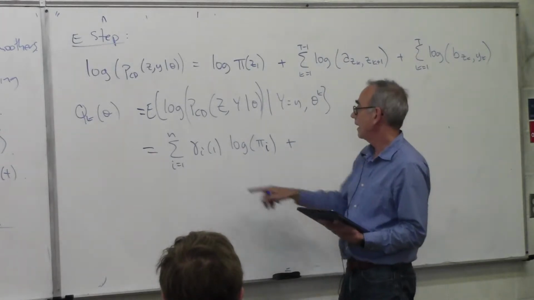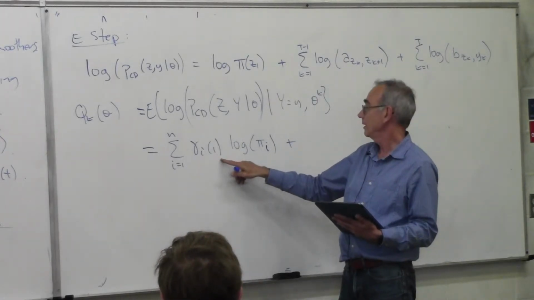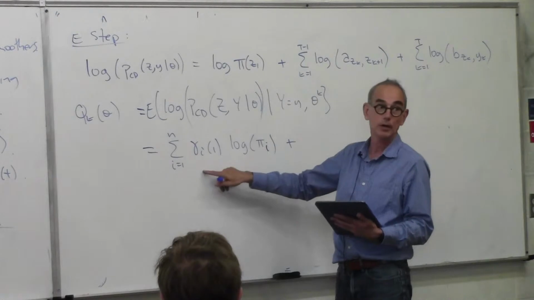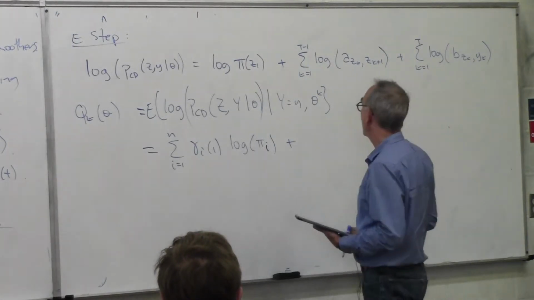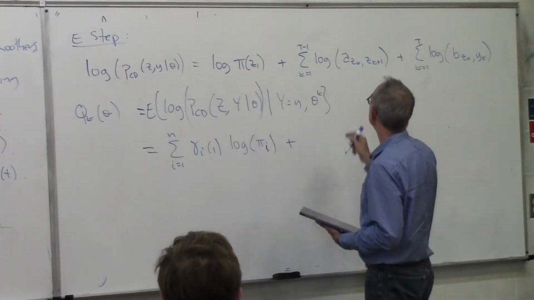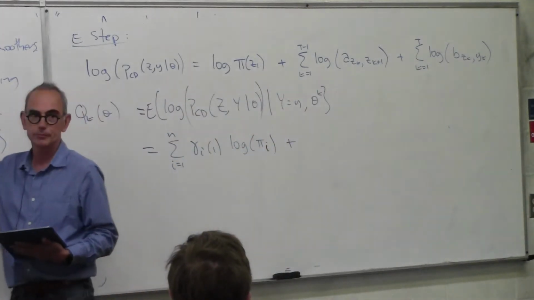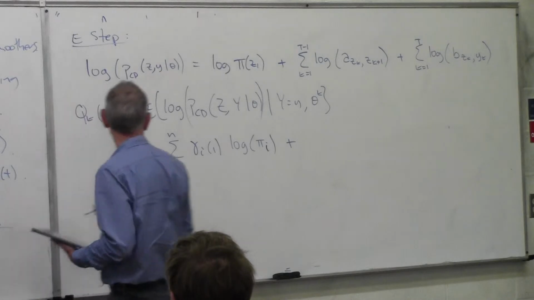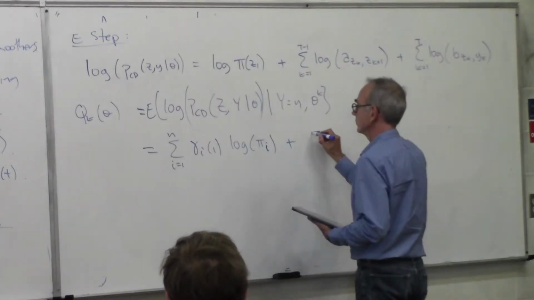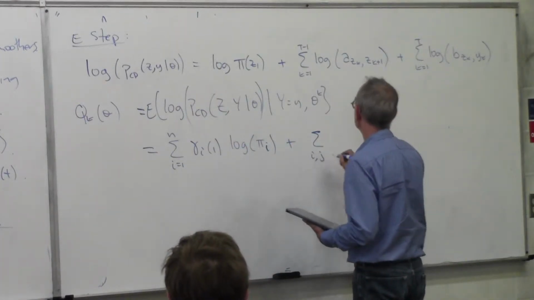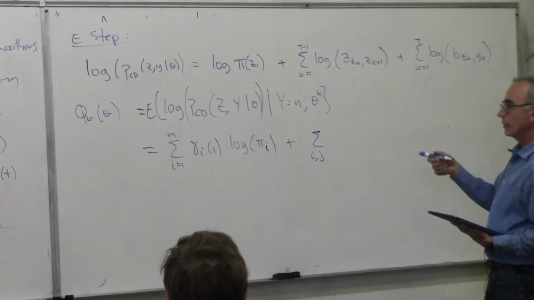Right? And that's the probability that z1 is equal to i, given the data. And then I've got these guys. I just have the probability of a pair occurring, and it's sum over all i and j.